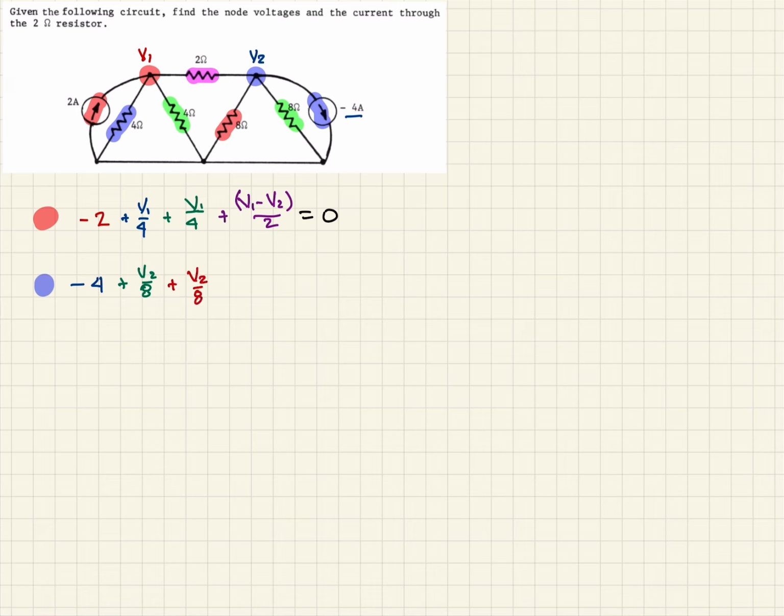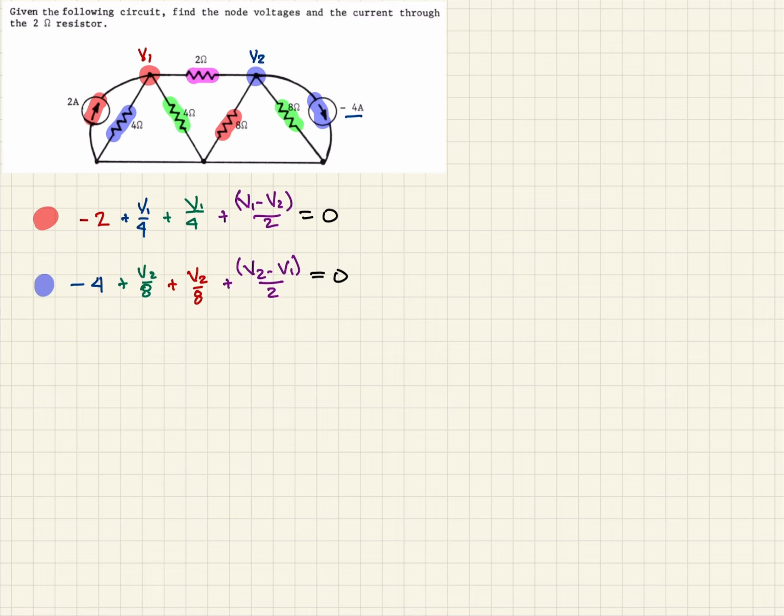And finally, we have the purple resistor that goes between our nodes again. So we can write that as the difference in the voltages, V2 minus V1 over 2. And so that's all of the branches going in and out of our node V2. So we should be able to set this equal to 0.